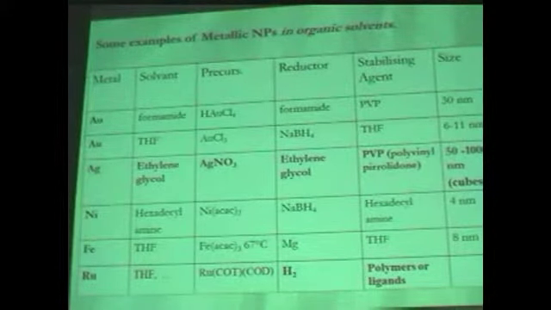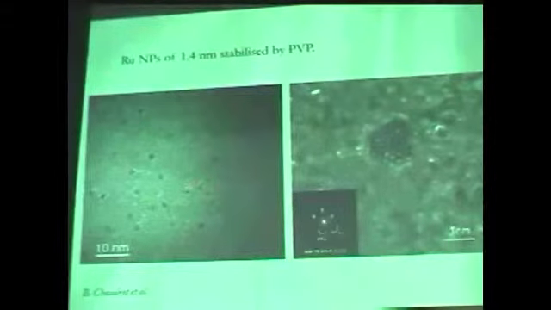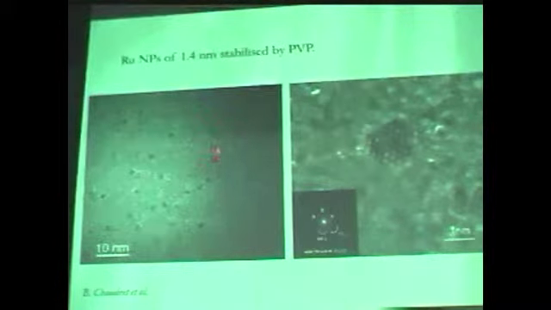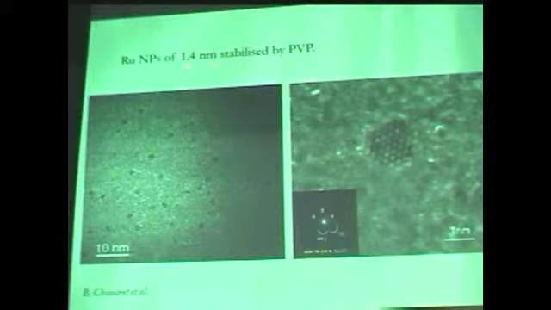But I remember that Moscato told me about this synthesis 2 days ago, so I'll jump, and I'd just like to show you the high resolution transmission electron microscopy images of those nice ruthenium nanoparticles with the size 1.4 nanometers, stabilized by PVP. This is the work of Bruno Chaudret's group from Toulouse.